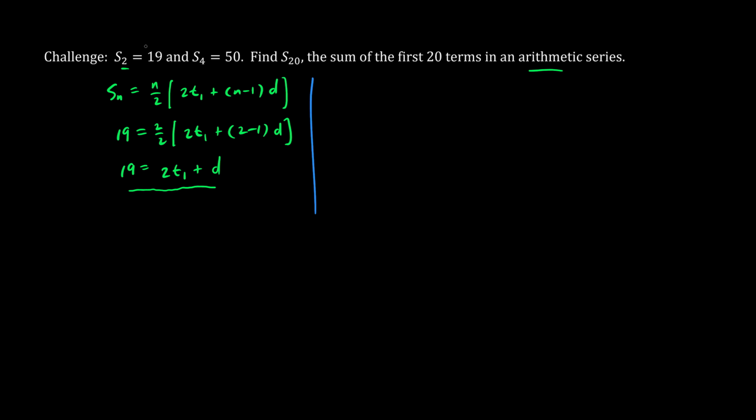Okay, so now let's focus on the second information here, S4 equals 50. So we have 50 is equals to n over 2, and n here is 4, 2t1 plus n, which happens to be 4, and minus 1d.